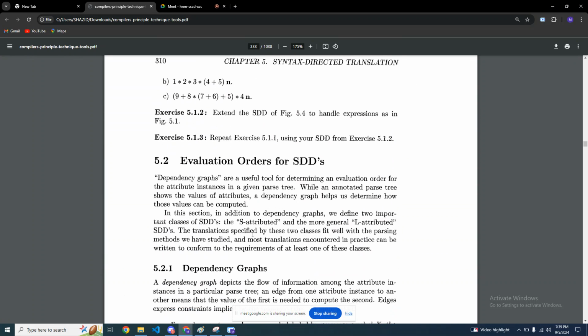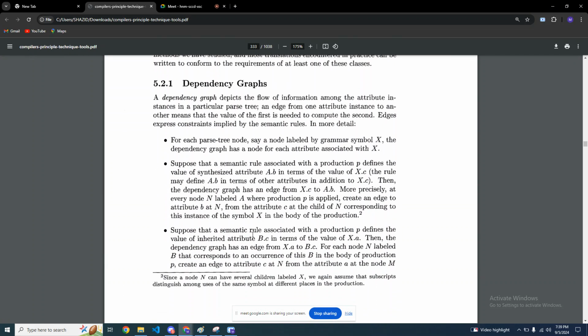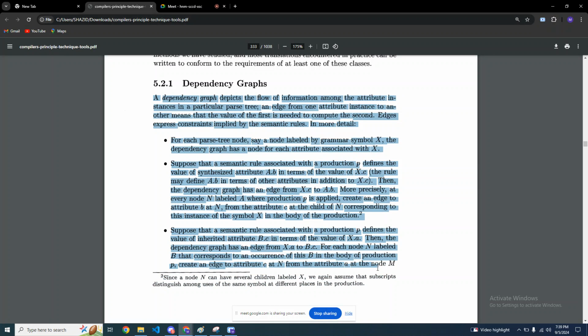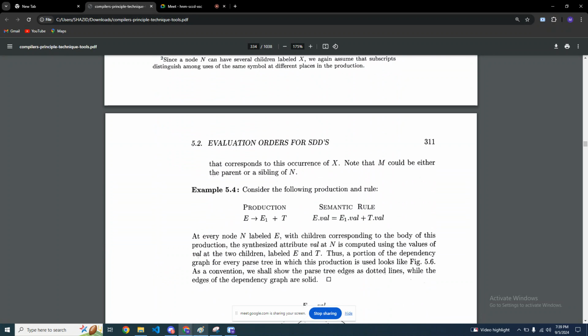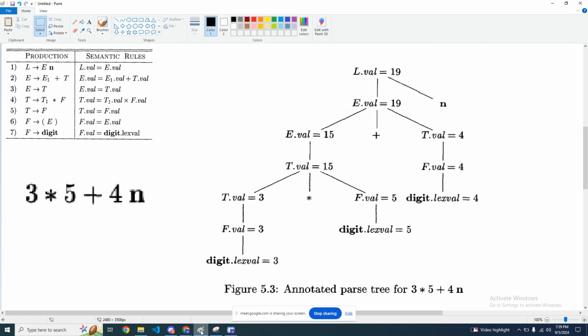Dependency graphs are basically your annotated parse tree. Here is the bookish explanation. In simple words, a dependency graph is your annotated parse tree, but it also has arrows indicating where the values are being calculated from. In your annotated parse tree, you are calculating the attribute values. For example, you are calculating f dot val.